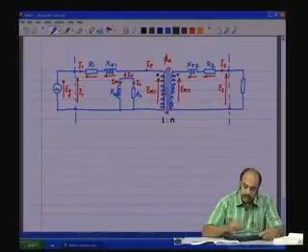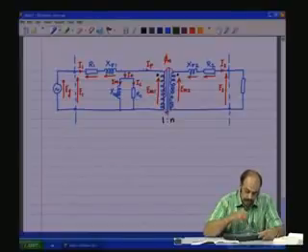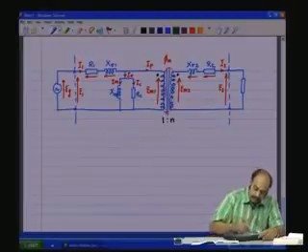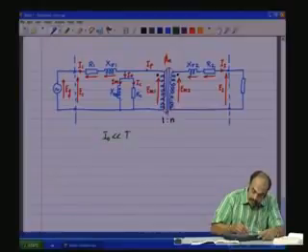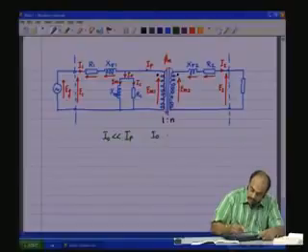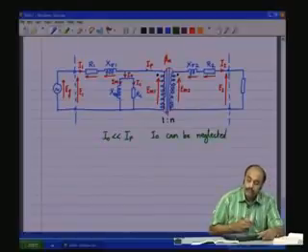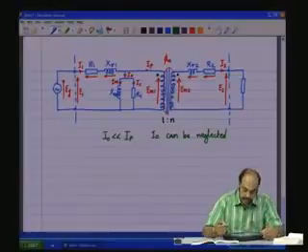IP is going to be I2 into n. I naught is going to be a very small percentage of IP. That is, I naught is going to be very, very less compared to IP, and therefore, I naught can be neglected. So, which means Xm and Rc can be neglected under full load conditions.